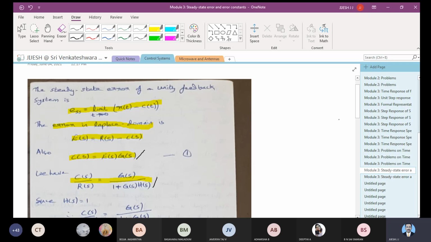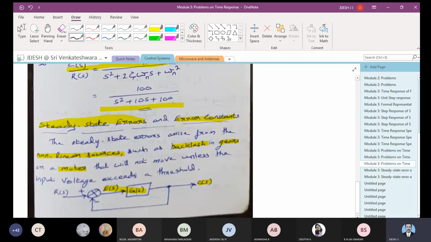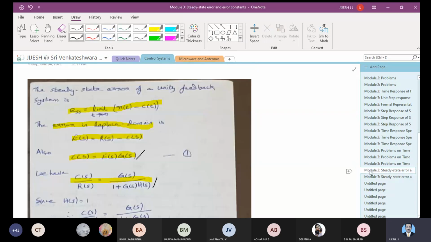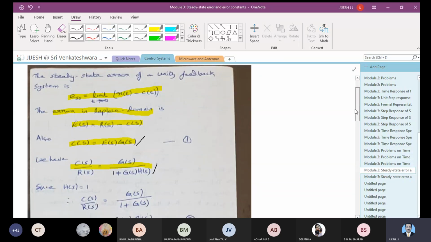If you see the figure, H of s is 1 here, so we are going to substitute and further simplify it. When you put H of s equal to 1, you get C of s by R of s is equal to G of s divided by 1 plus G of s.